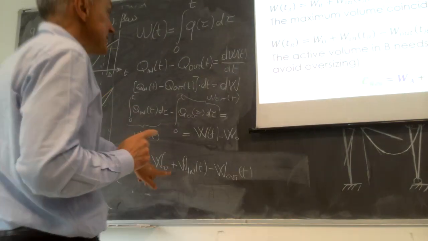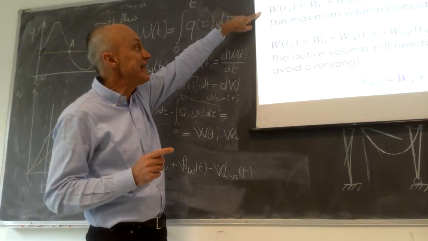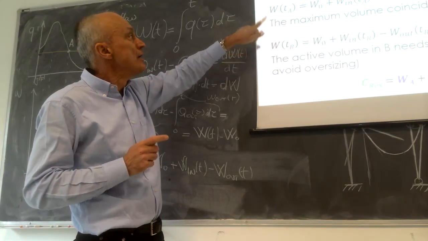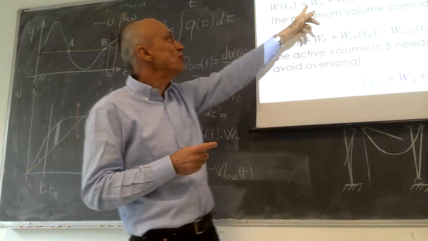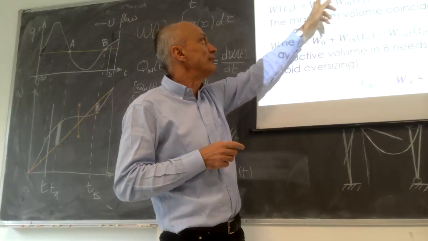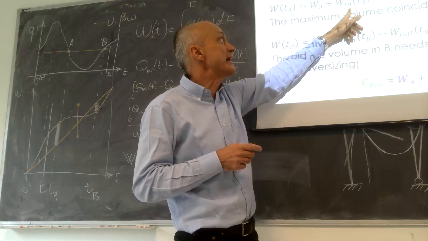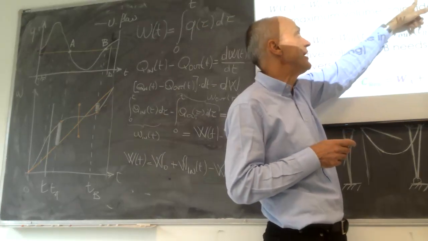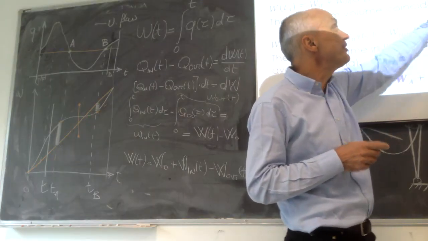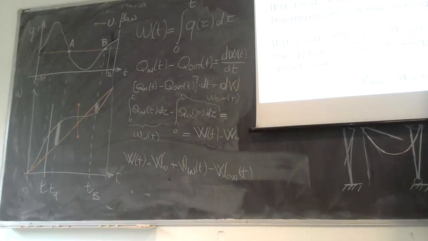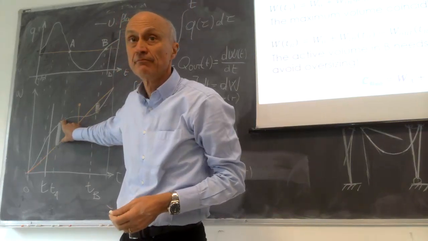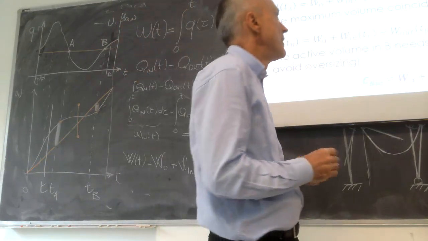So let's write this equation for instant TA and instant TB. Very easy. It will be the volume initially available plus whatever got in up to TA minus whatever got out up to TA. So W0 plus the blue segment. This. Okay?